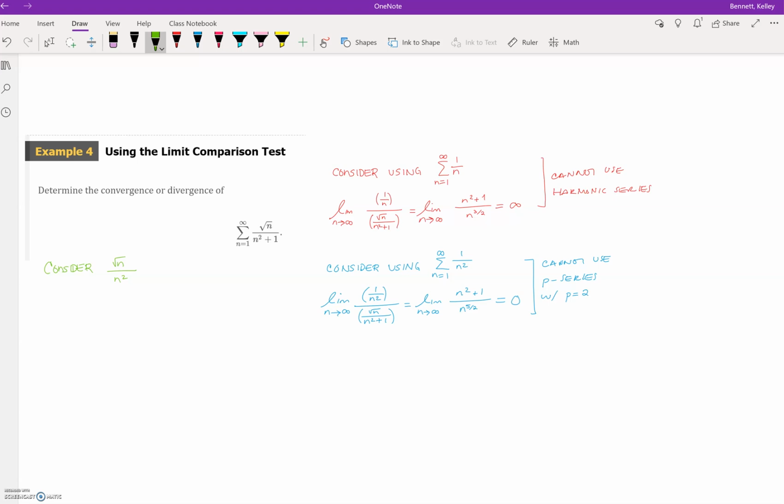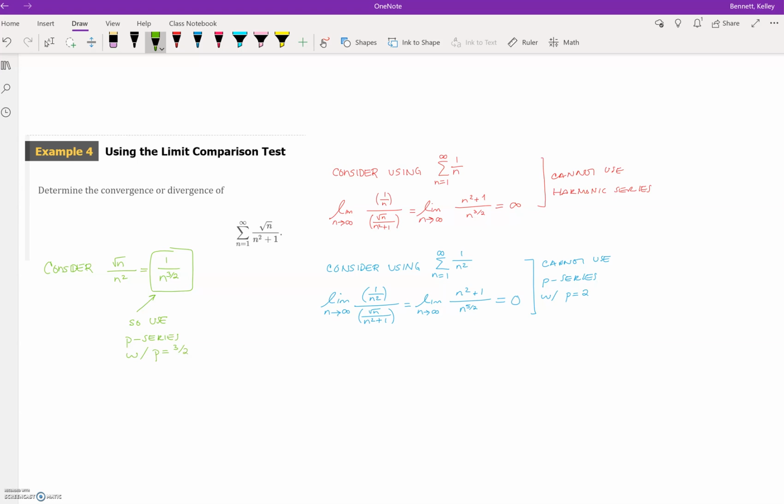So that's going to be equal to 1 over n to the 3/2, right? So this is the thing I want to use. So use a p-series with p equal to 3/2.